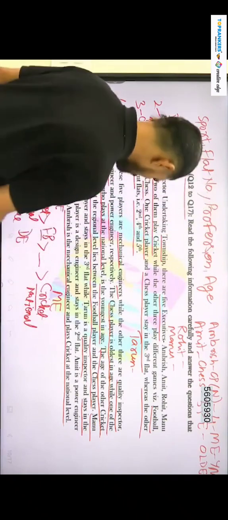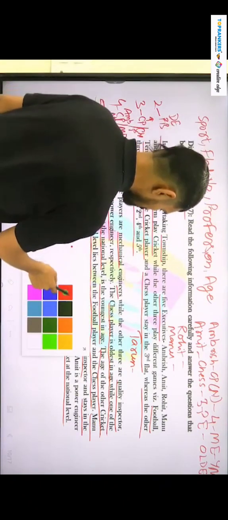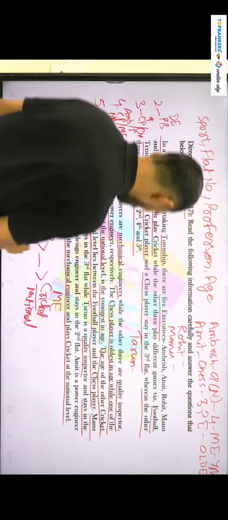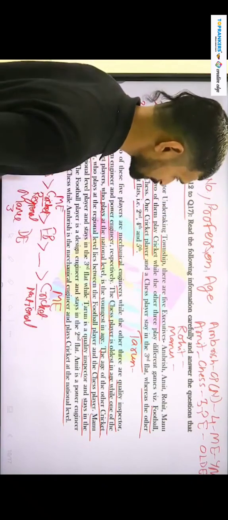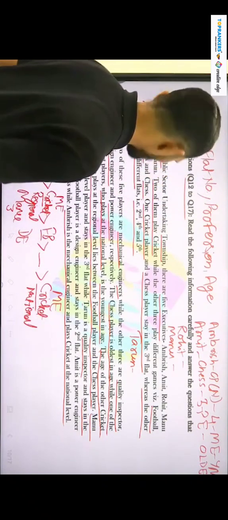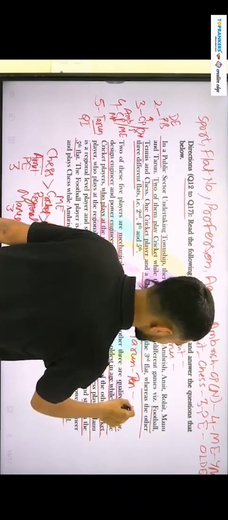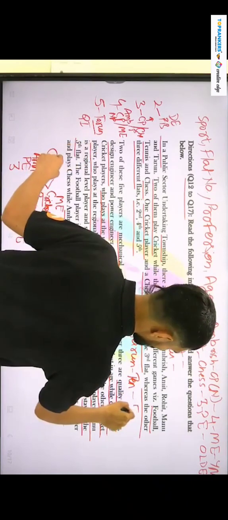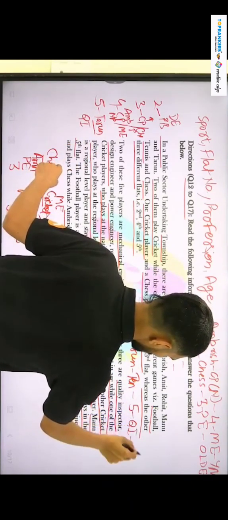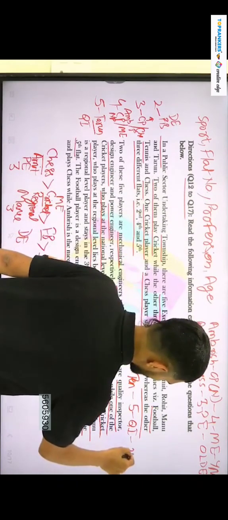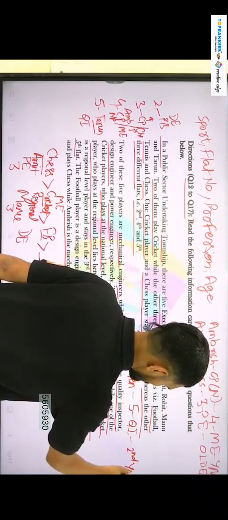What we know about Tarun is he is definitely not the football player because the football player is design engineer. Tarun is quality inspector, so Tarun must be a tennis player. Tarun plays tennis, lives in flat number 5, is quality inspector, and is second youngest.